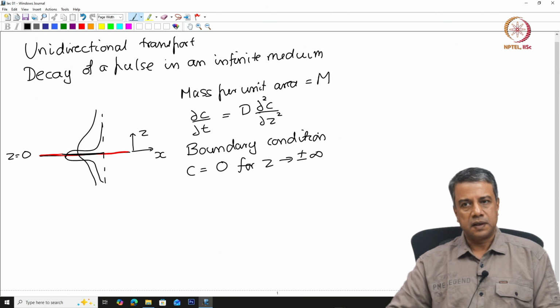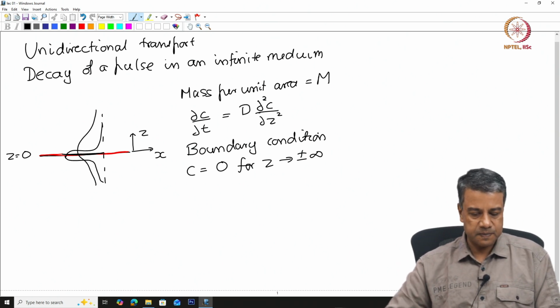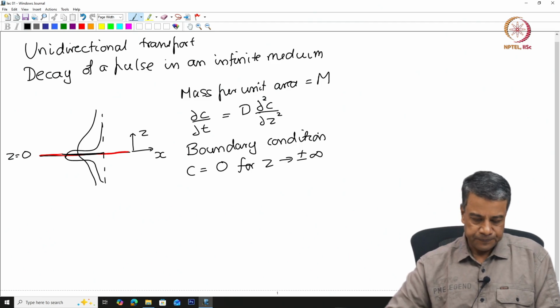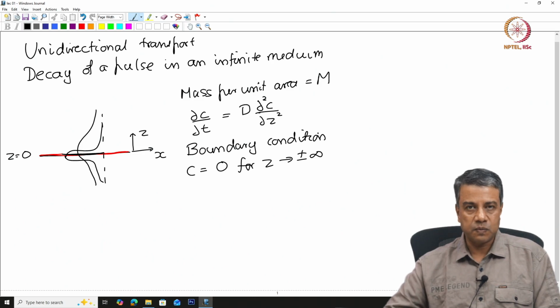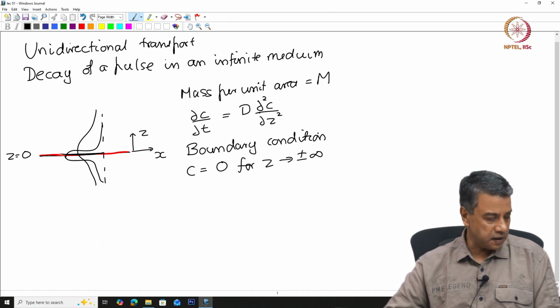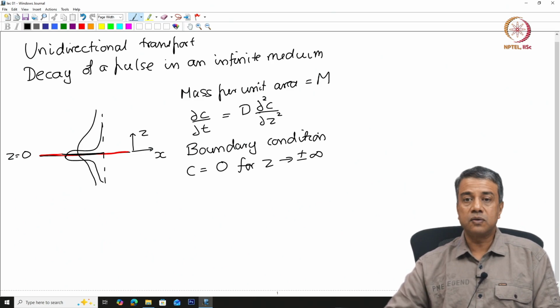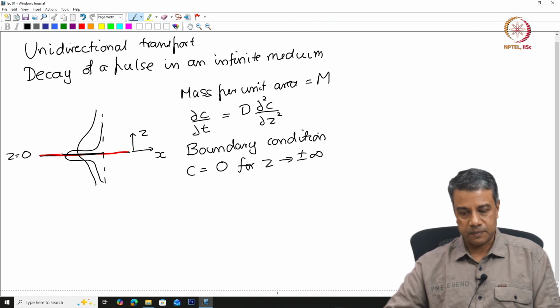So, as you go far away from this plane, there is fluid to which this species has not yet diffused. And you also have an integral condition, because whatever mass was put in at initial time has to continue to be there throughout the domain for all time.